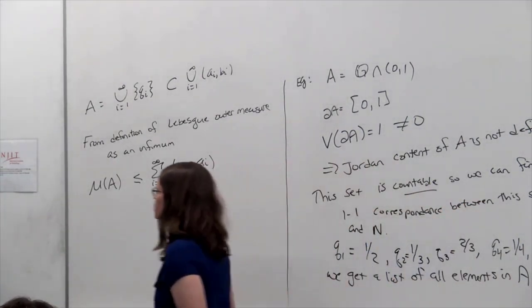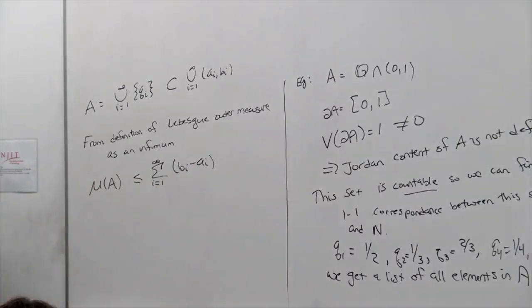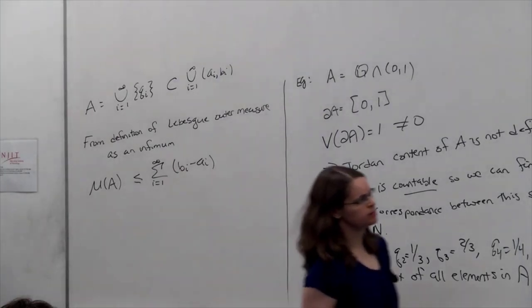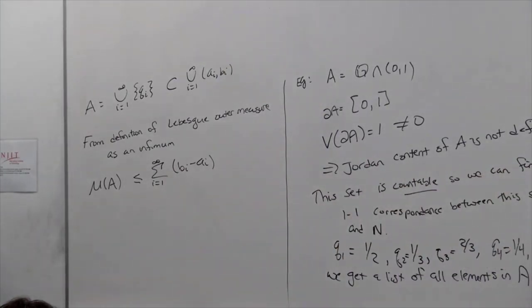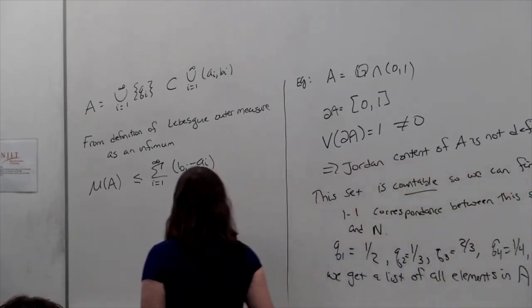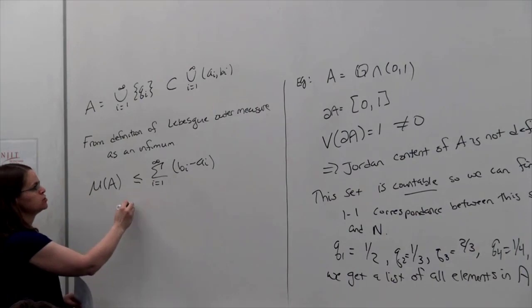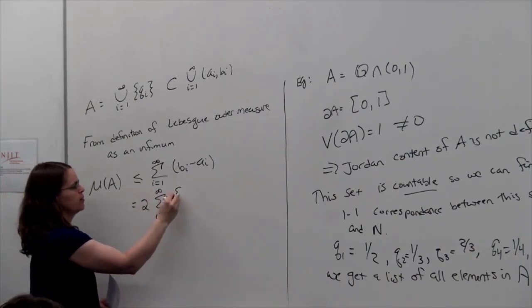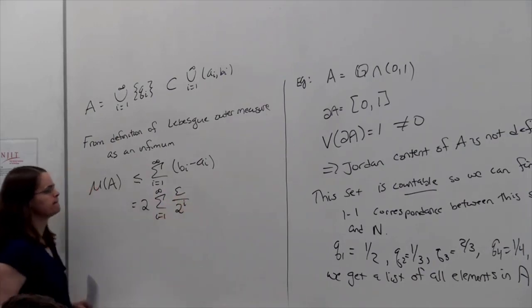They're epsilon over 2 to different powers. Let me make this a little cleaner: epsilon over 2 to the I. So this is 2 times the sum of epsilon over 2 to the i's.